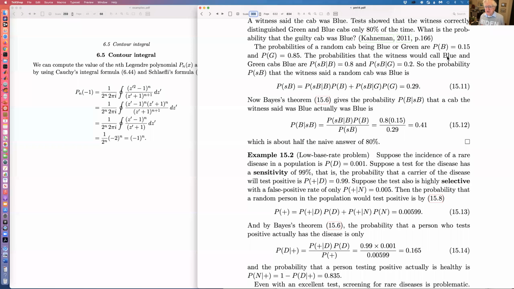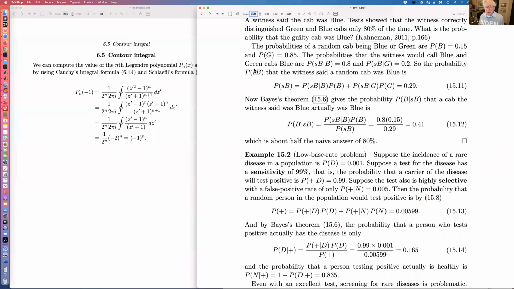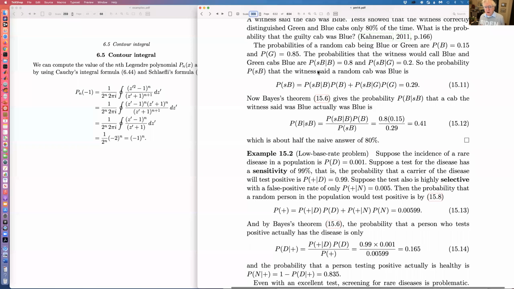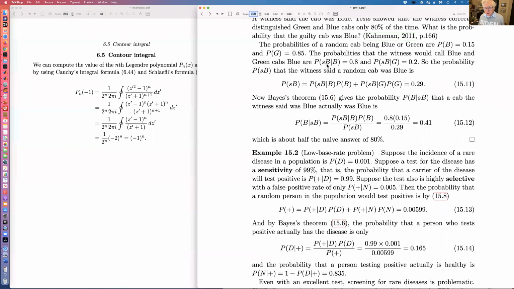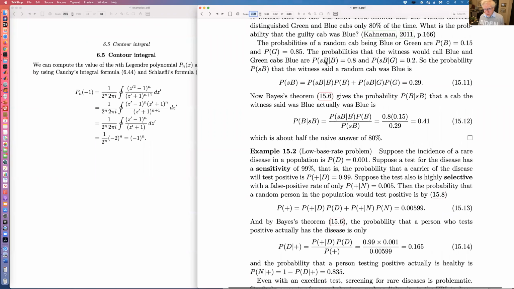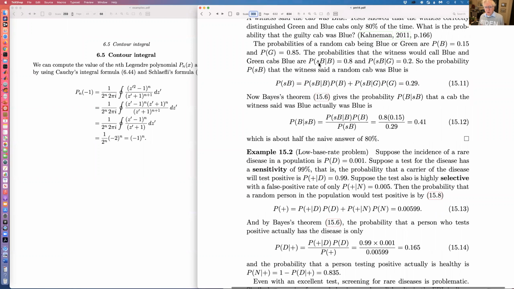Anyway, the probabilities that a witness would call blue and green cabs blue are the probability, well, I don't know why I used an S there, but selected blue, given that it's blue, is 0.8, and probability that it's said to be blue if it's actually green was 0.2.